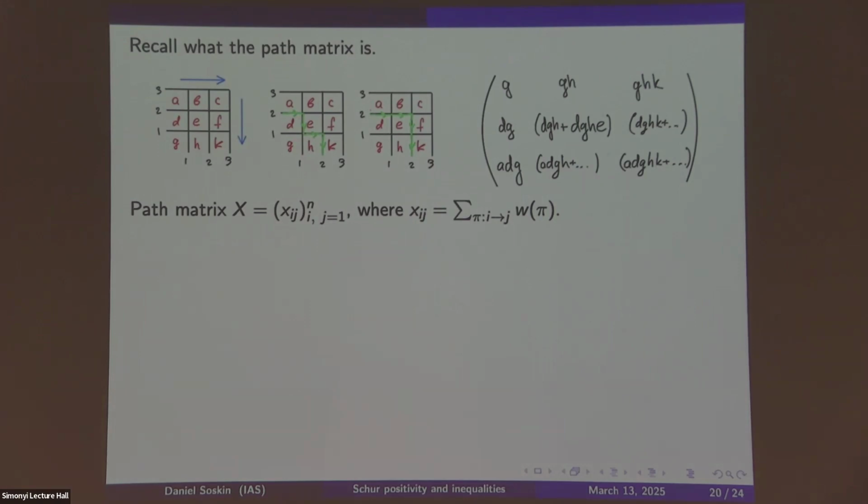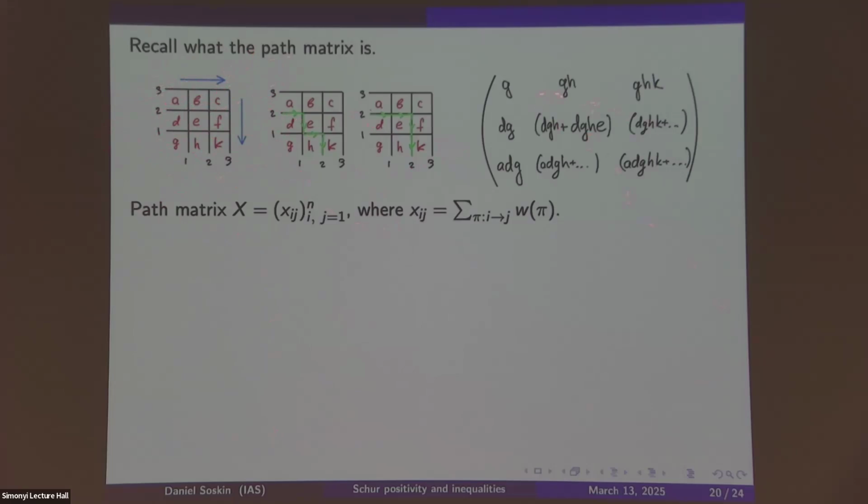So to answer this question, let's recall what a path matrix is. If you have a planar network, with oriented edges, like here, let's say all edges are oriented from left to right and from top to bottom, and we have some weights on faces. Here we have 9 weights.